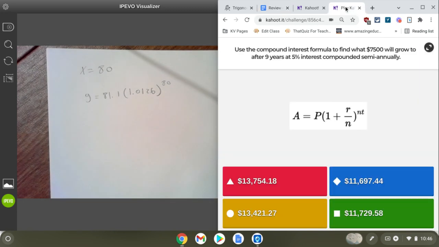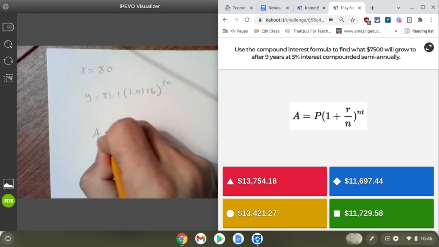All right, the next question is about the interest formula. This should be your first one on that Kahoot if you're playing that. Use the compound interest formula to figure out what $7,500 will grow to in 9 years at 5% interest, compounded semi-annually. Geez, mouthful.